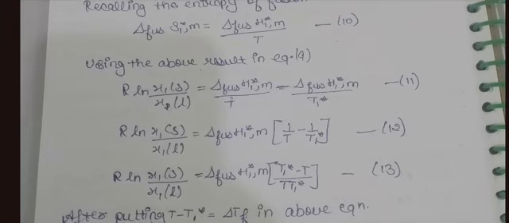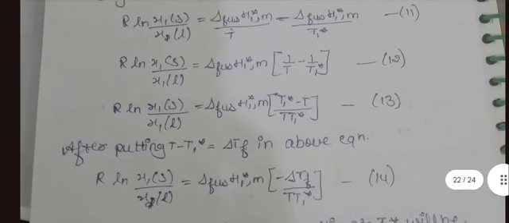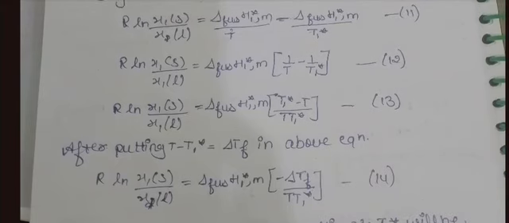Using the above result in equation 9, R ln (X1S by X1L) is equal to Δfus H1* m by T minus Δfus H1* m by T1*. So R ln (X1S by X1L) is equal to Δfus H1* m (1 by T minus 1 by T1*), which is equal to Δfus H1* m into (T1* minus T) by T1*.